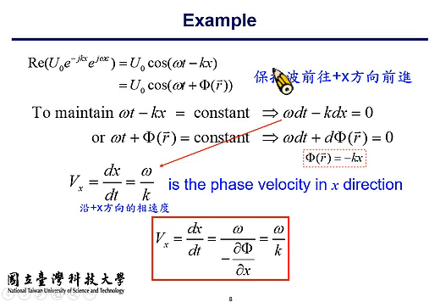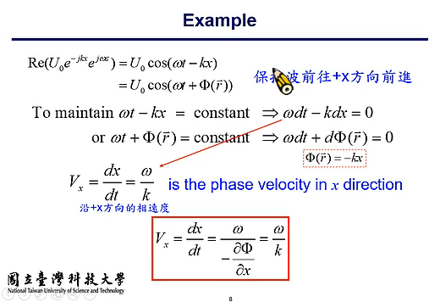So if omega t minus kx is a constant, taking the derivative on both sides, you end up with omega dt minus k dx equals 0. You rearrange this equation a little bit and end up with dx over dt equals omega over k.